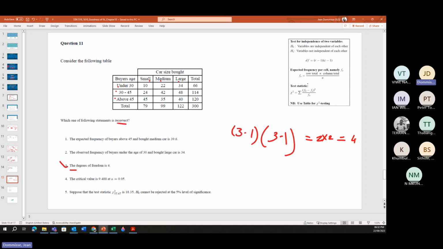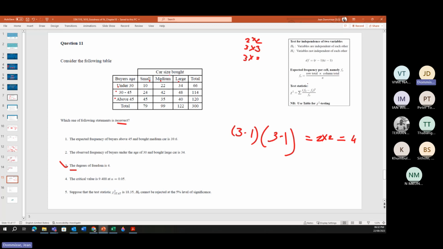We're looking for the incorrect one. Just be careful: all of these that we have currently worked through were either a 2 by 2 table or a 3 by 3 table. You can also get a 3 by 2 table where it is 3 ages and only 2 car sizes.